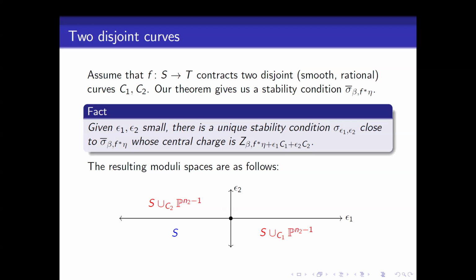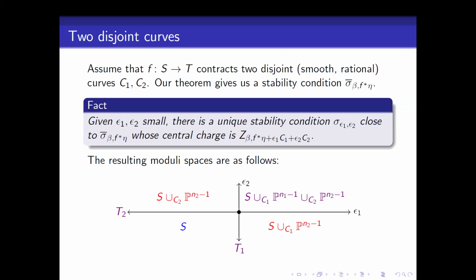And the whole point now is, now that we have this stability condition in the middle, you are allowed to wall cross not only to the bottom right and the top left, but you can also wall cross to the other side. In which case, it's not too surprising one gets the surface S with these two components.